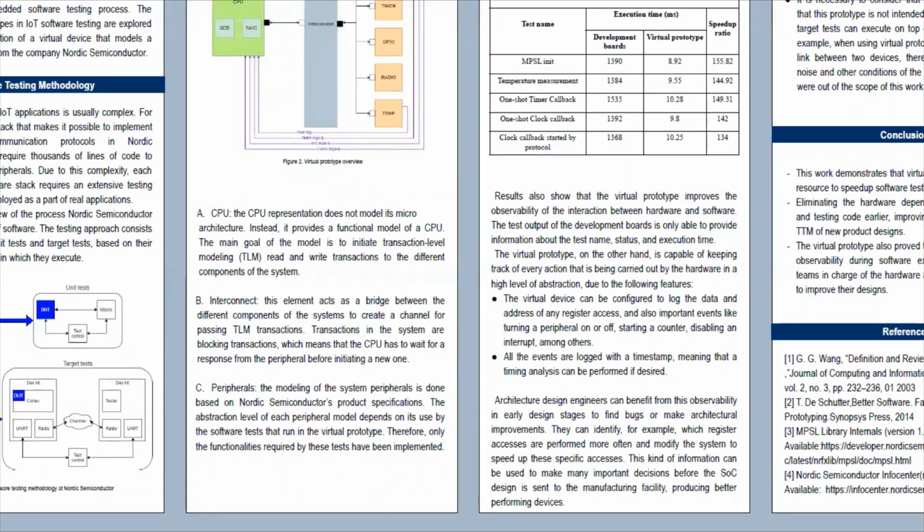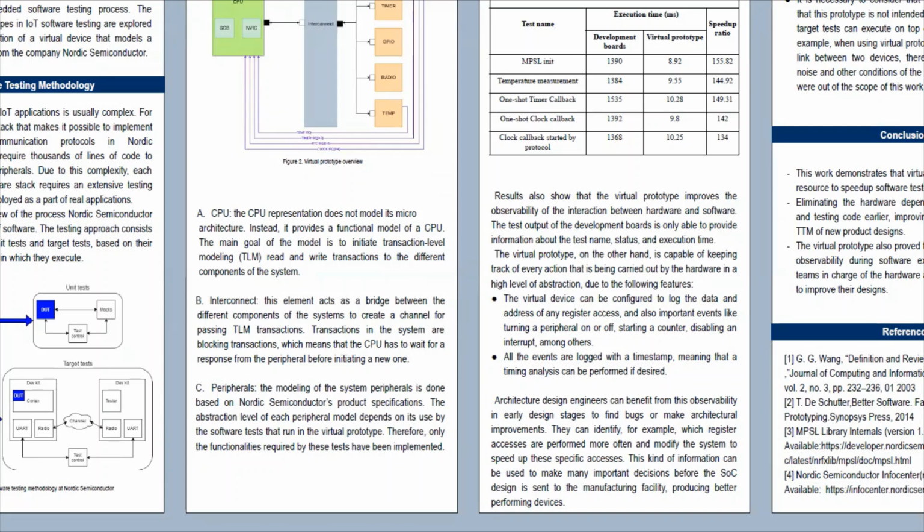The peripheral models are based on Nordic Semiconductor's product specifications, and the abstraction level of the peripherals depends mostly on the use by the software tests that run in the virtual prototype.